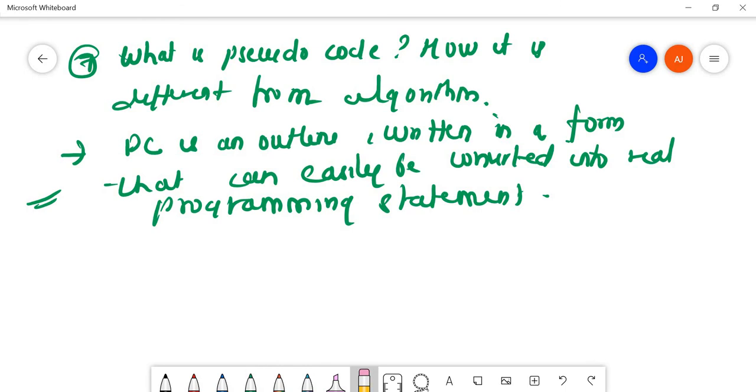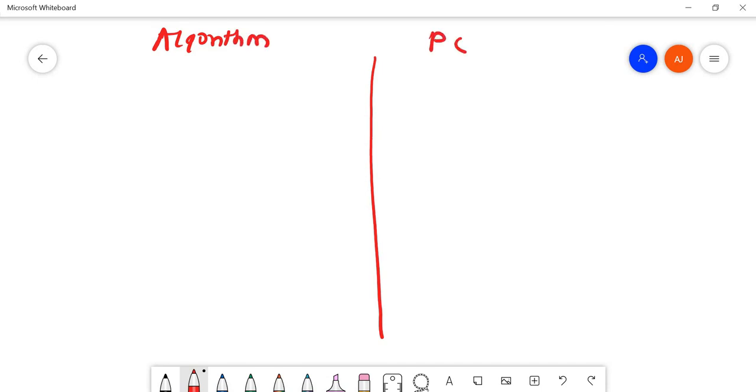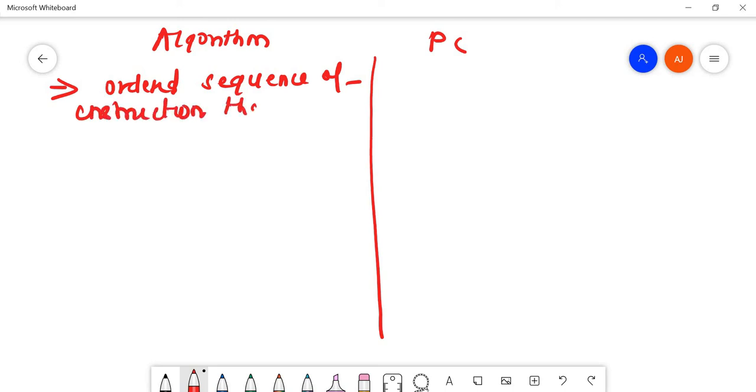Now the next is difference between pseudocode and algorithm. Okay, so I am going to write this also. So I'll draw a line first, and here I'll write algorithm, and here I'll write pseudocode. Fine, so we can say algorithm is an ordered sequence of instructions that is used to perform some task.